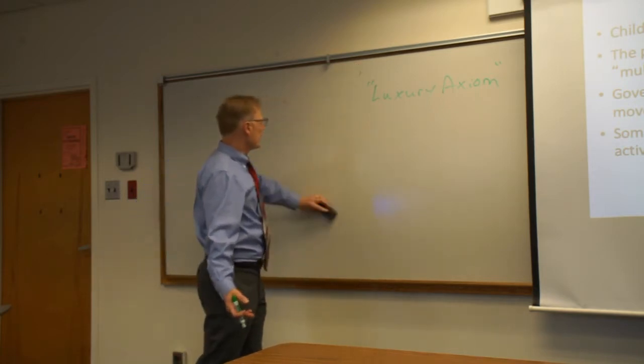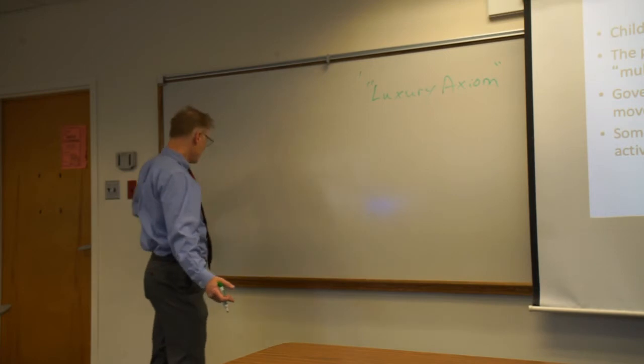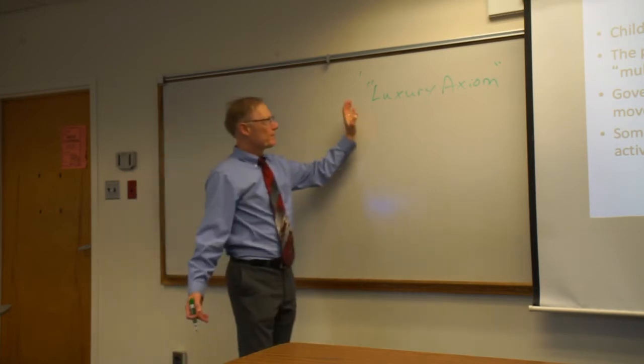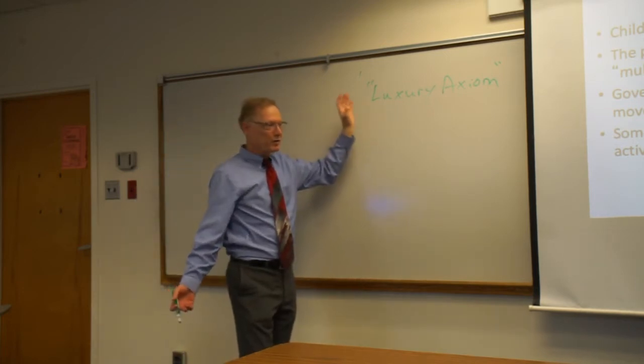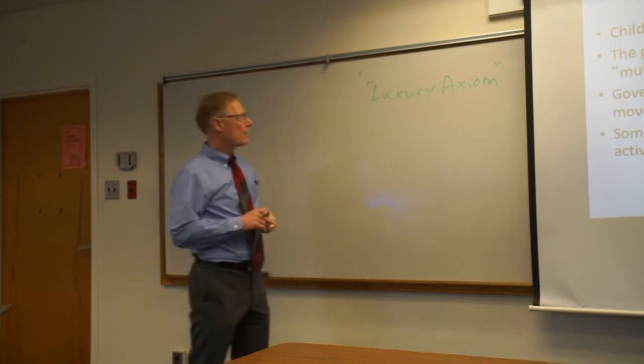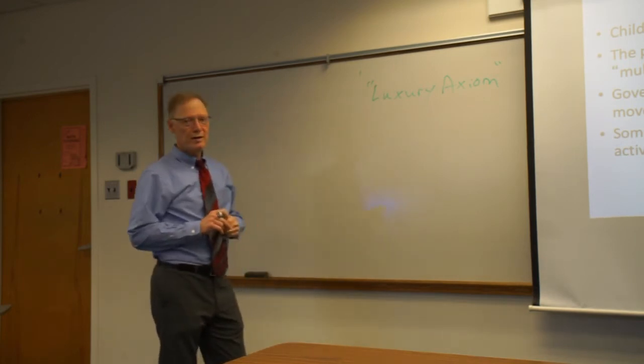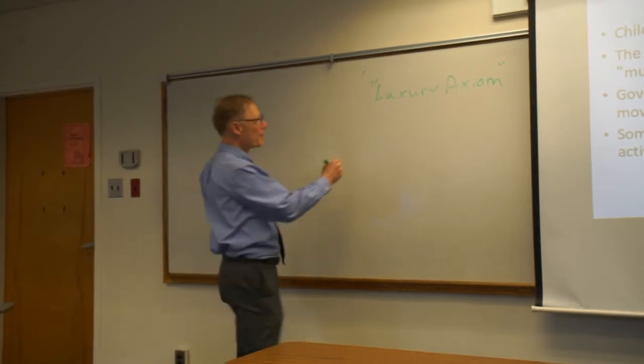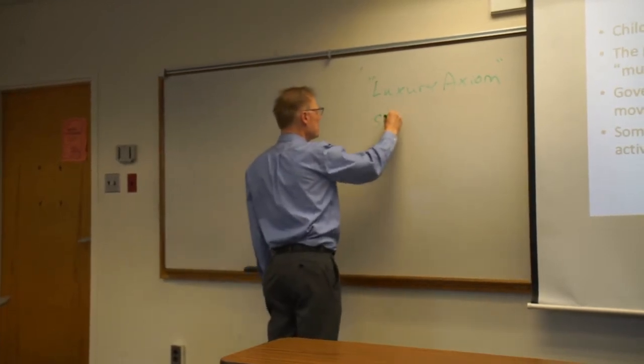So the model that we will develop makes this assumption. If this assumption is wrong, we need to think about a different kind of model. The other is called the substitution axiom.